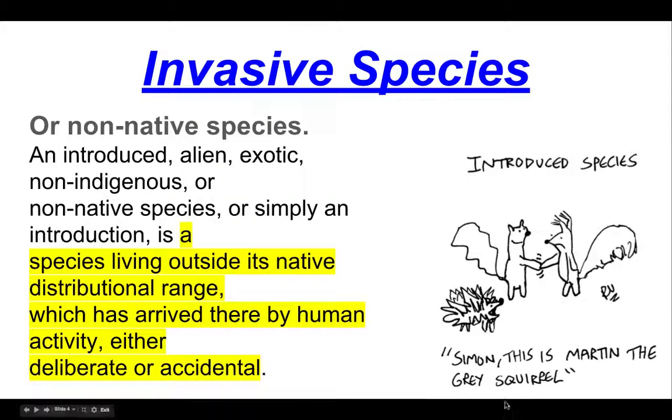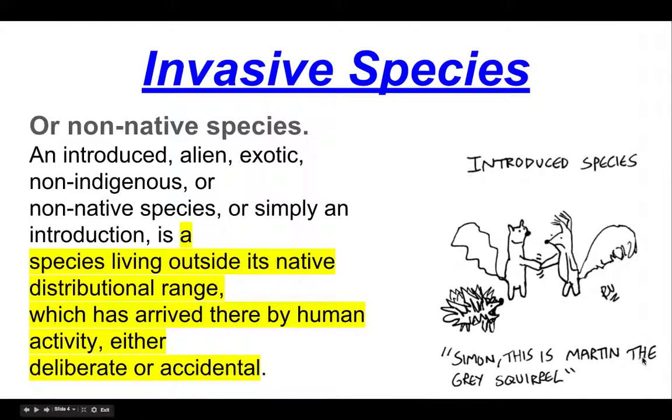So if you see on the right-hand side of your screen right now, they said introduced species. These are two squirrels. If you see on the left, Simon, this is Martin. And he was talking to Simon right here. I'm sure that's supposed to be a porcupine. I love the authentic picture here.